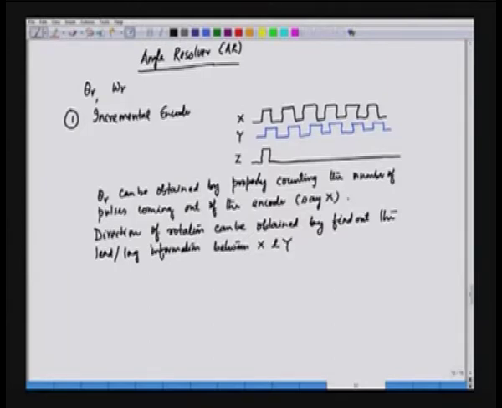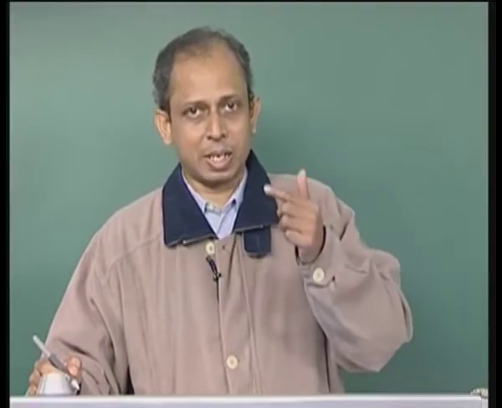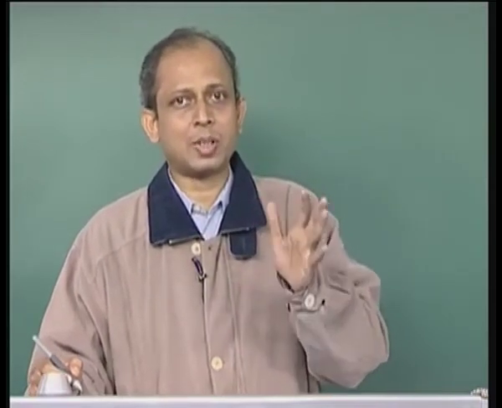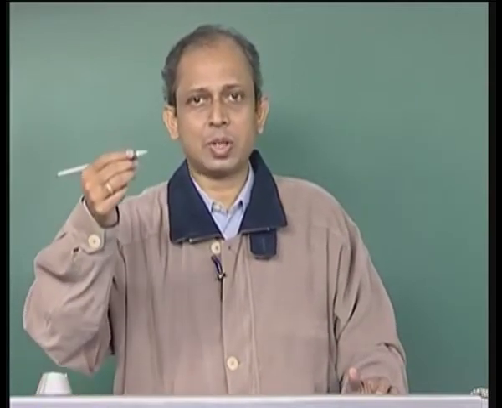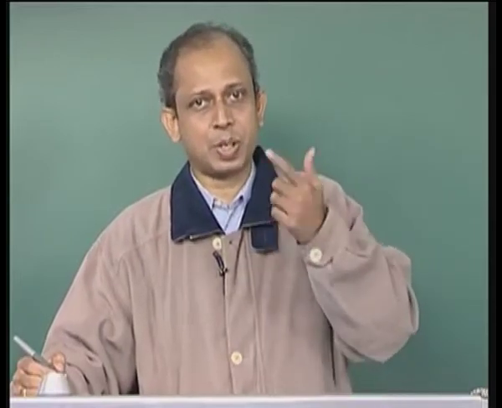And what is the role of the marker pulse? The marker pulse, actually when we are continuously incrementing and trying to find out theta r, angle actually cannot be higher than 360 degree. When we are talking about one revolution, it is 360 degree mechanical. So, 720 is same as 360.